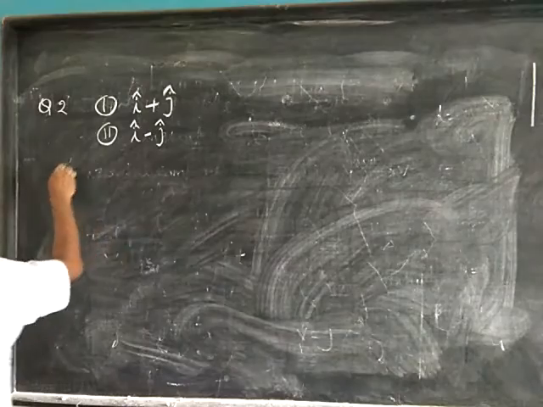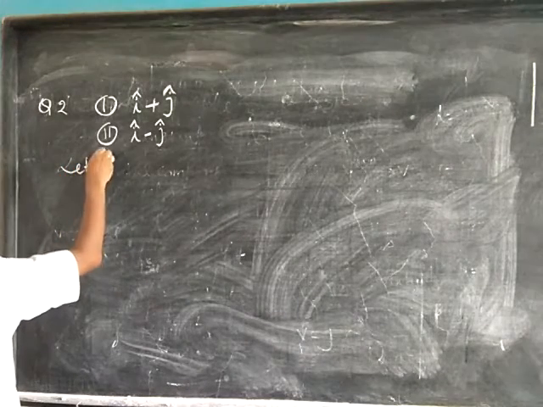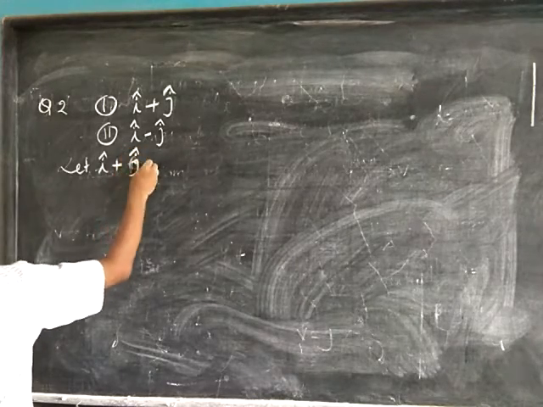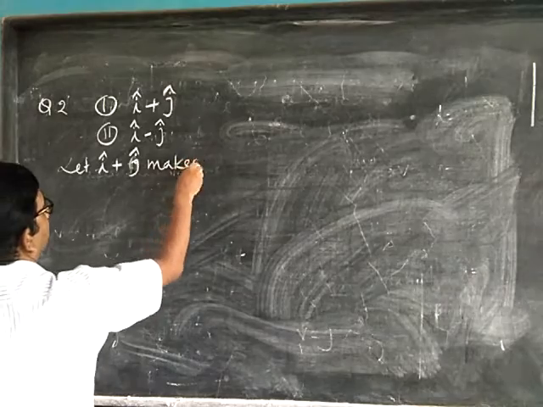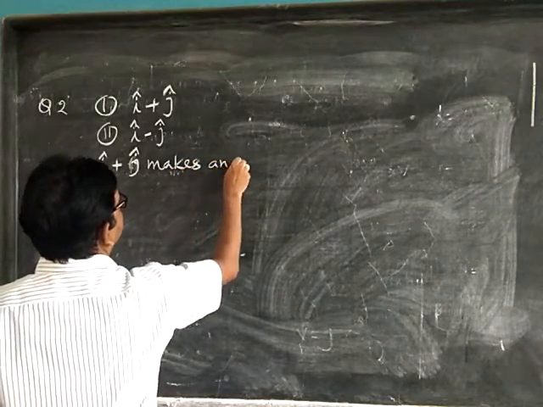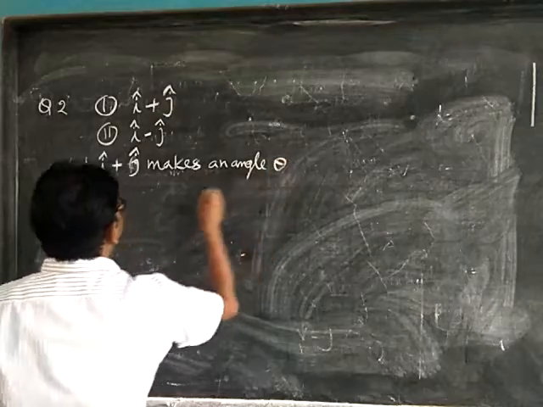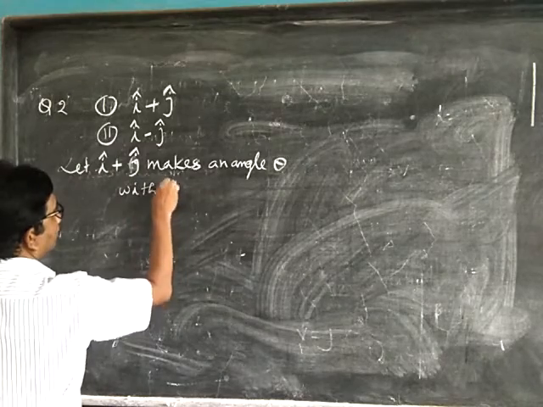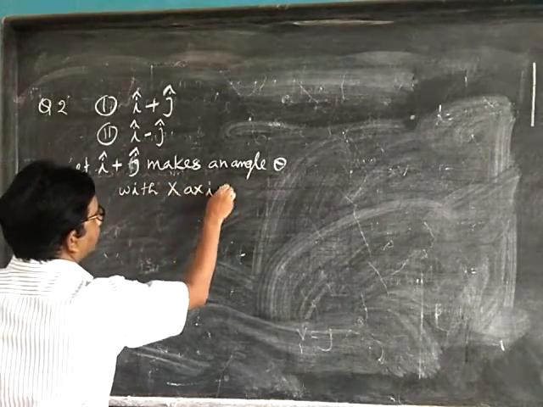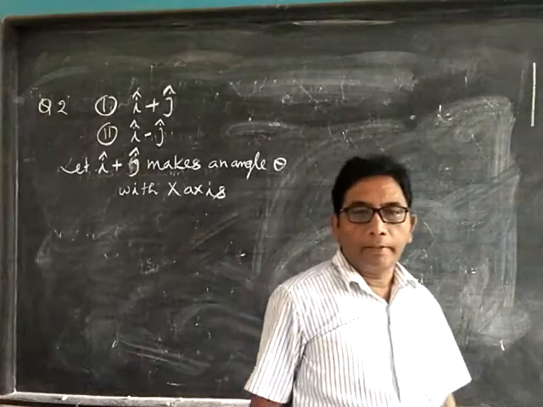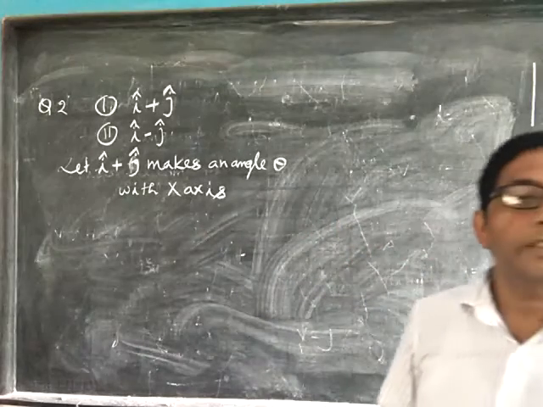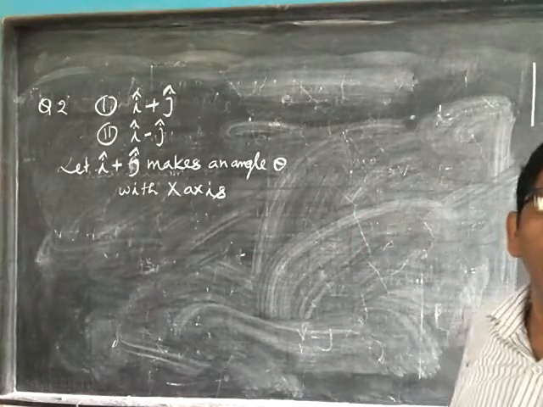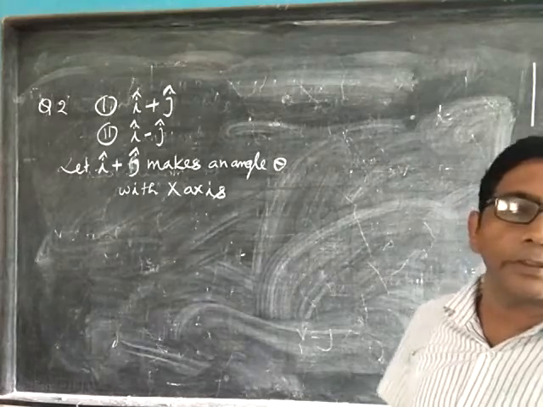Let unit vector i plus unit vector j make an angle theta with the x axis, that is, with unit vector i.